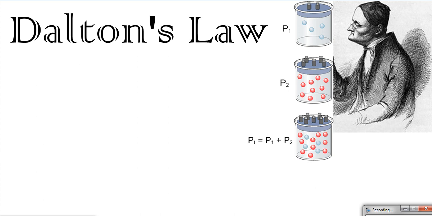And you don't have to have 2 gases. You could have an infinite number of gases, but each of their partial pressures added together would be the total pressure of that system. You can determine the partial pressure of any particular gas in a system by taking the total system's pressure and multiplying it by the mole fraction of that particular gas.